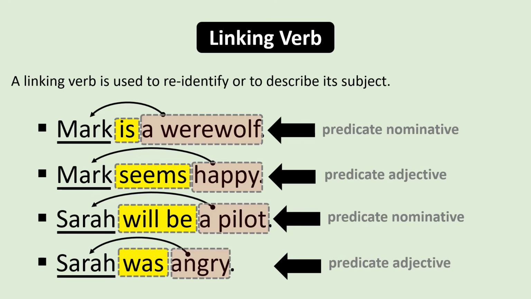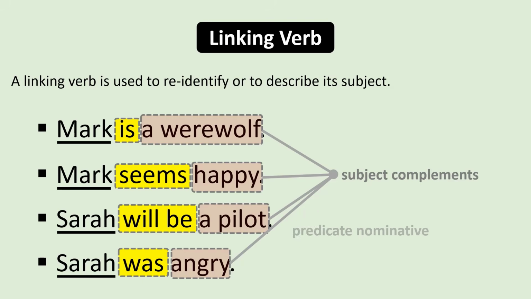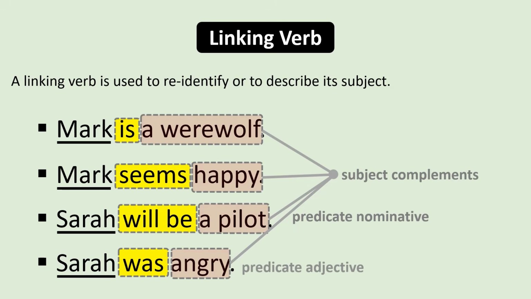Now's a good time to say that predicate nominatives are sometimes called predicate nouns. That makes sense. Okay, let's clear some of this. Here's another bit of terminology. These words that complete these linking verbs are called subject complements. And as we know, subject complements can be a predicate nominative or a predicate adjective.